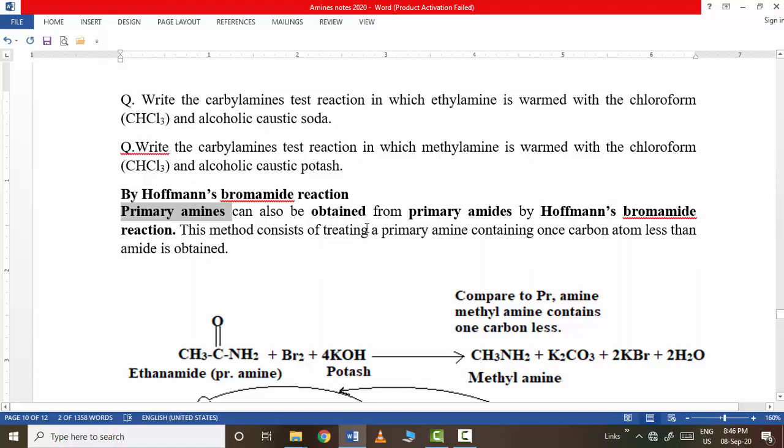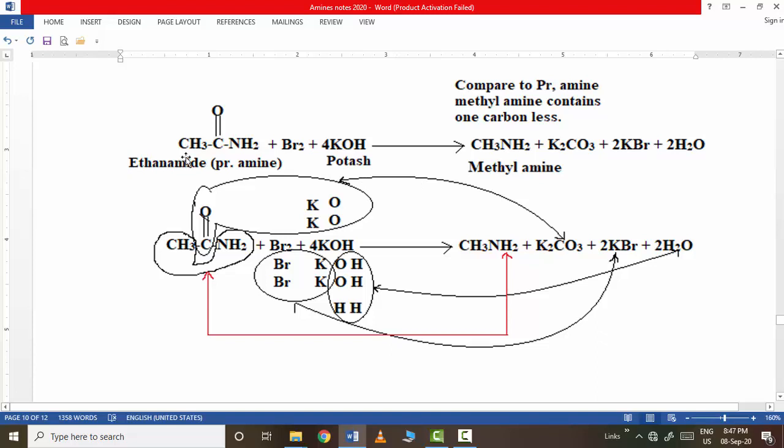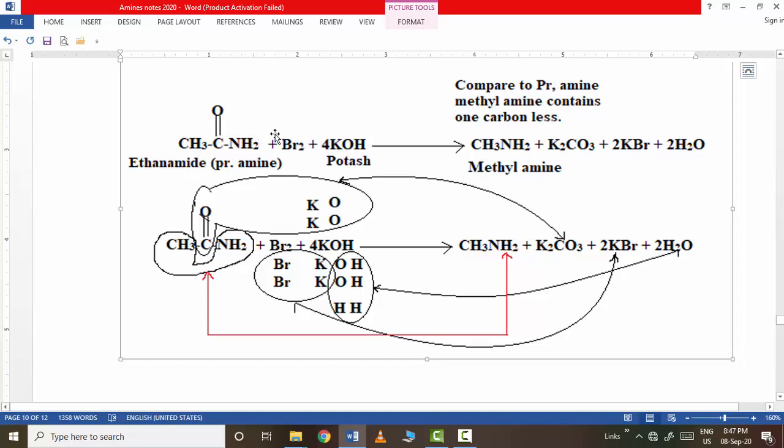This method consists of treating an amide to obtain a primary amine containing 1 carbon atom less. It is 1 carbon atom, okay? So if you look at this one, this is your amide, CH3CONH2, ethanamide. Methylamine is the primary amine. This is wrong: I have written the bracket for primary amine in the wrong place, so erase this one and shift this bracket here.